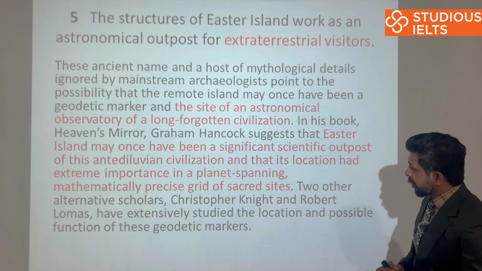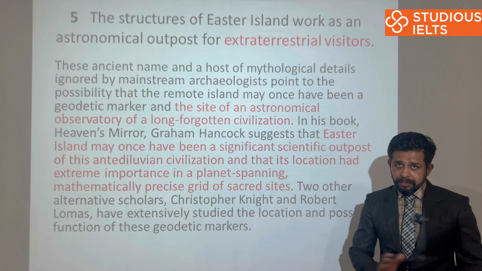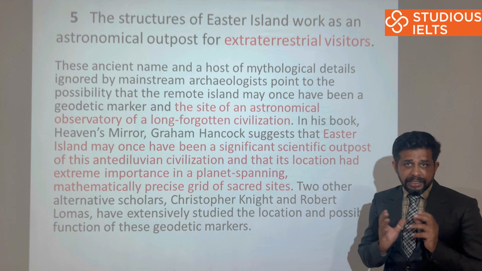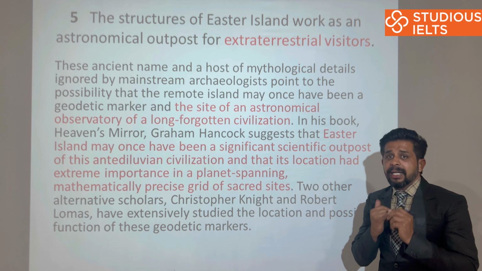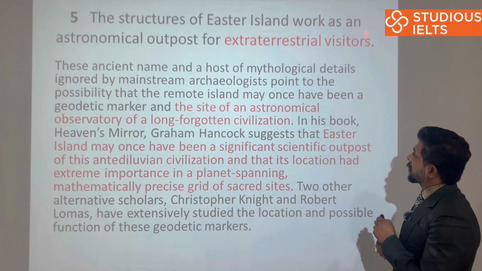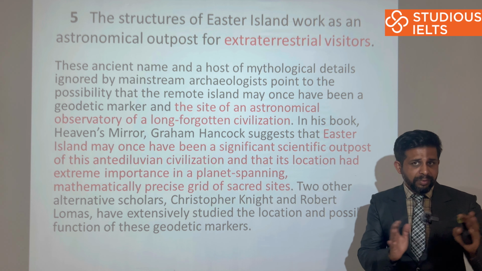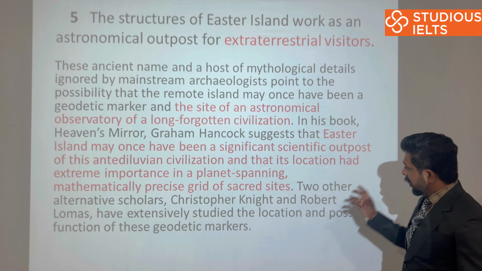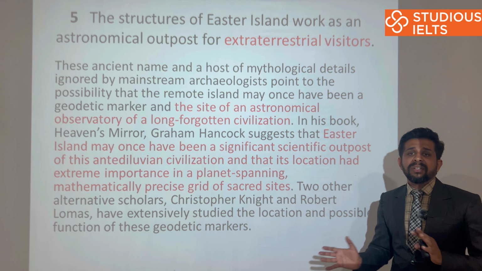Yes, they are also talking about a planet-spanning thing, which is the characteristic of extraterrestrial activities. One thing is still missing in the question, that is visitors. They said yes, it was an astronomical outpost. This is clearly mentioned in the passage, right? It was a planet-spanning function.